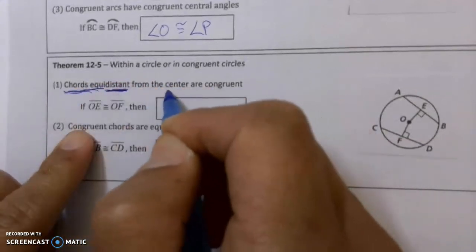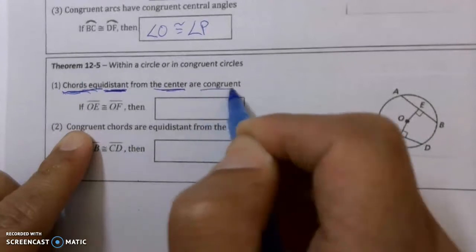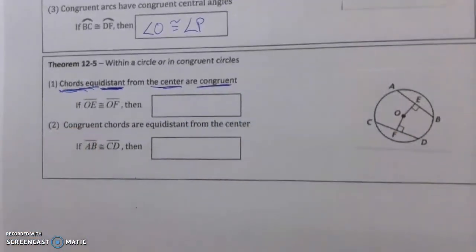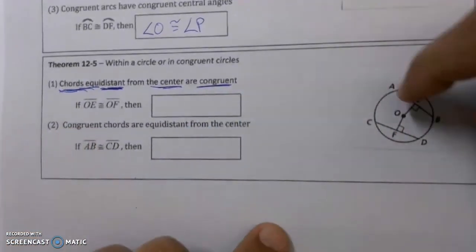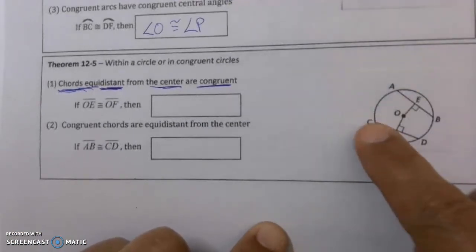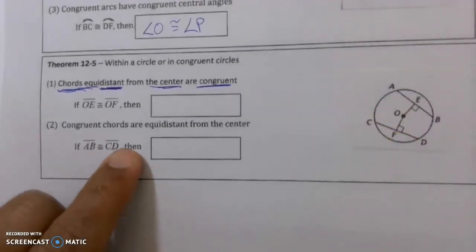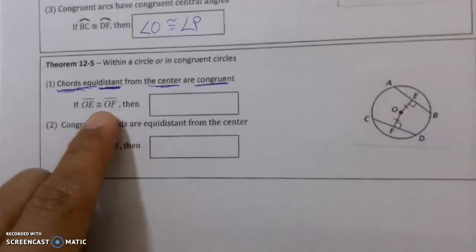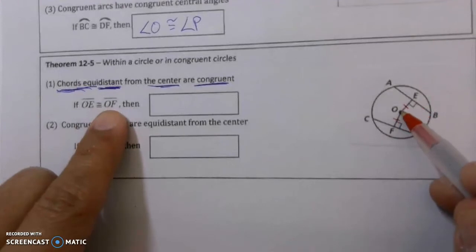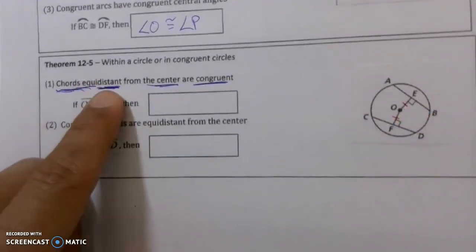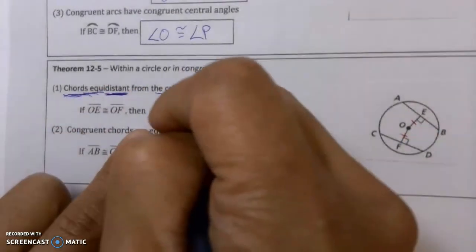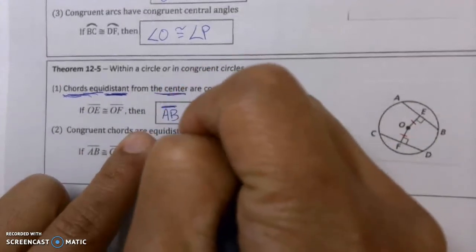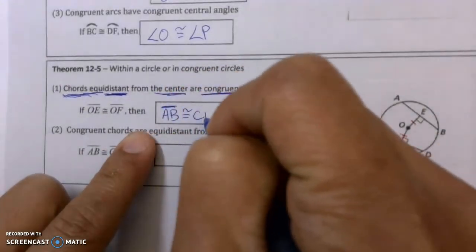If I have this chord AB and this chord CD, and from the center to E, 90 degrees, is a distance, and that distance is the same as O to F, so OE is the same as OF, equidistant, then chord AB is equal to chord CD.